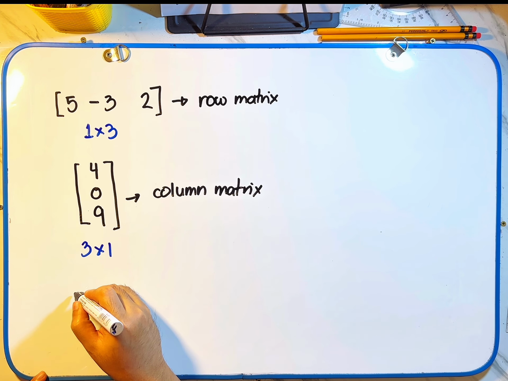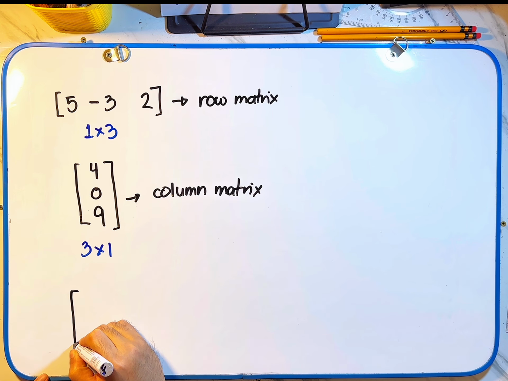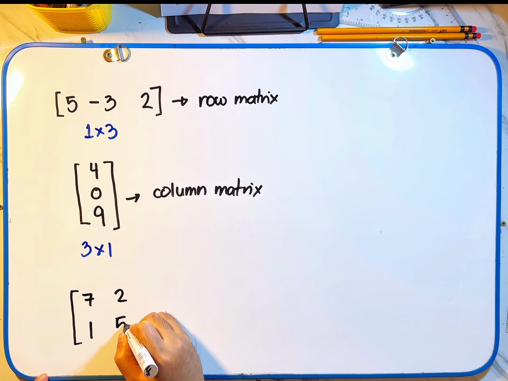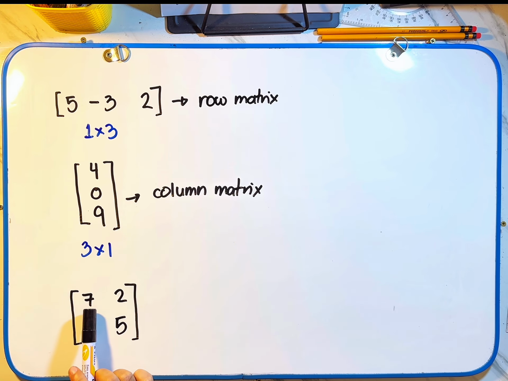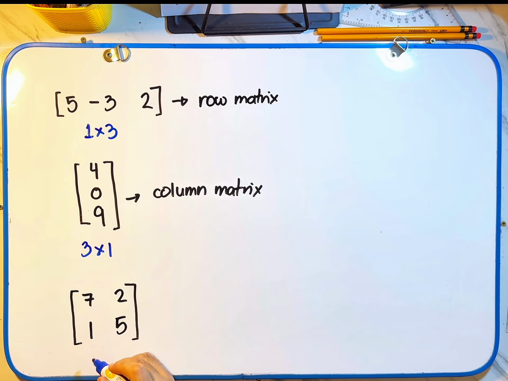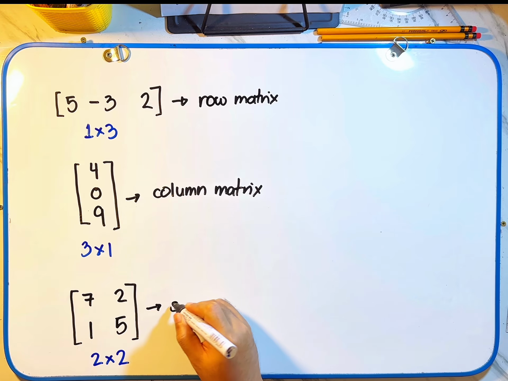Now, how about this? So what is the order of this matrix? This matrix has two rows and two columns. So that's 2 by 2. And whenever the number of rows and columns for a certain matrix is the same, they are called square matrix.